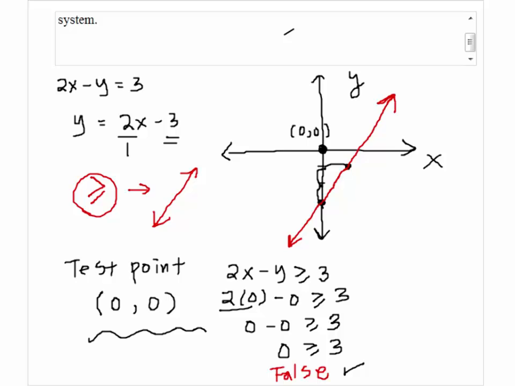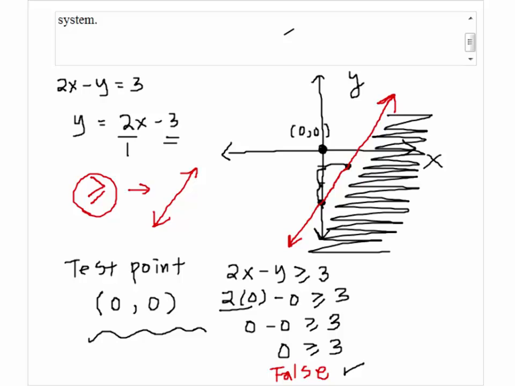This says the point we chose, which was (0, 0), is on the false side. So we are going to shade the side where (0, 0) is not included. So this is the final answer.